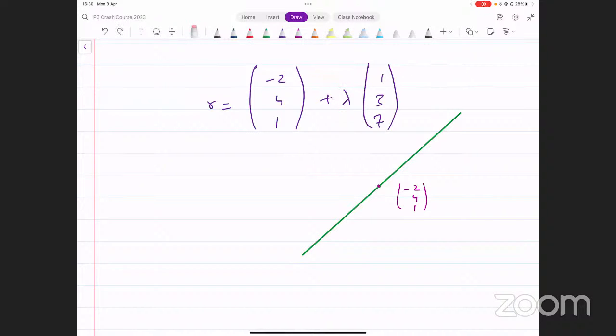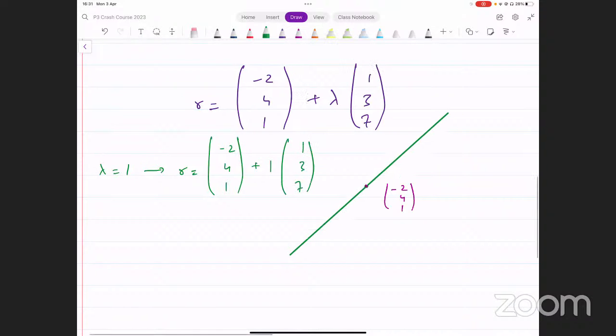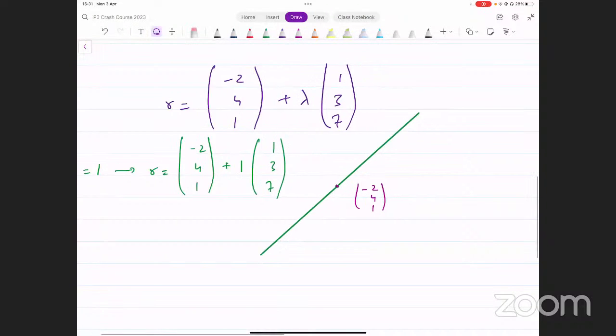So for instance, if you input lambda equal to 1 here, what do you get from that? Let me write it like this for now: (-2, 4, 1) plus 1 times (1, 3, 7). What does that result in? Let's figure this out.